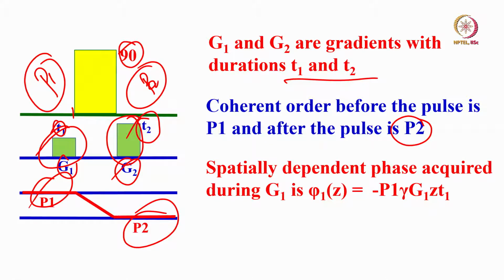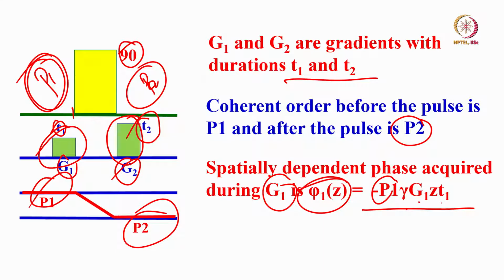The spatially dependent phase acquired during G1, I already told you, can be calculated by minus P into gamma into G into Z into T. Now, for the coherence order P1, the phase acquired during G1, because the coherence before the pulse was P1, is P1 gamma G1 Z T1. This is the phase it is acquiring.